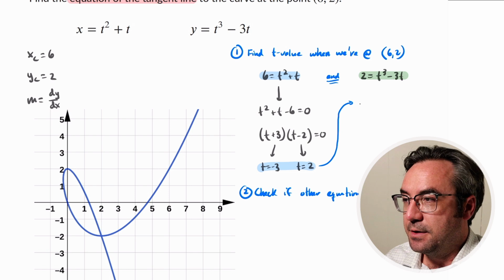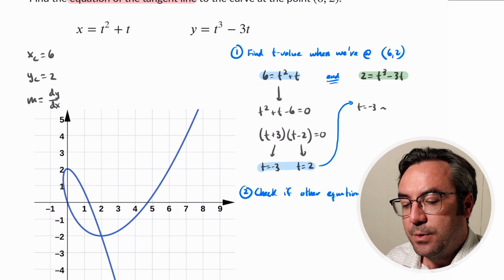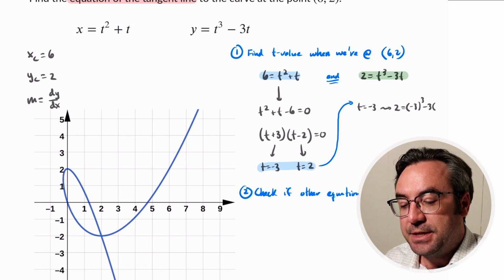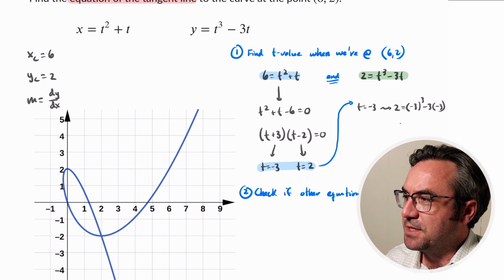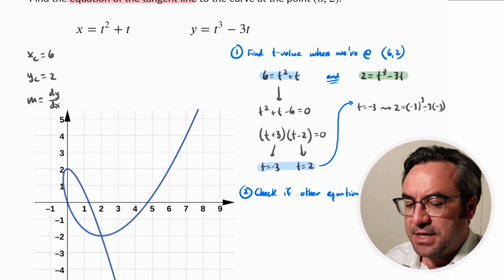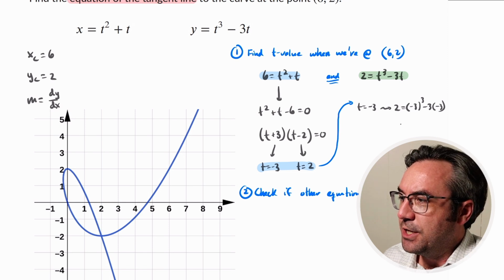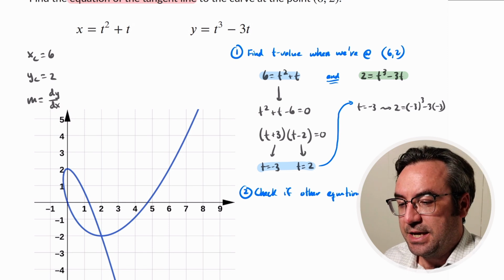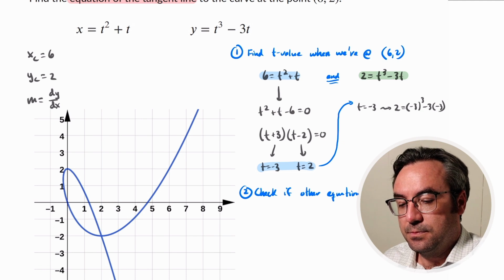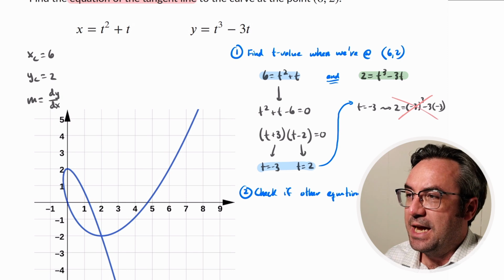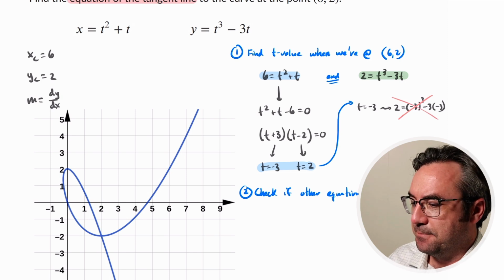So when we plug t equals negative 3 in, we end up with the equation 2 is equal to negative 3 cubed minus 3 times negative 3, which, if we do the arithmetic, is negative 27 plus 9, which is not true. So 2 does not equal negative 27 plus 9.